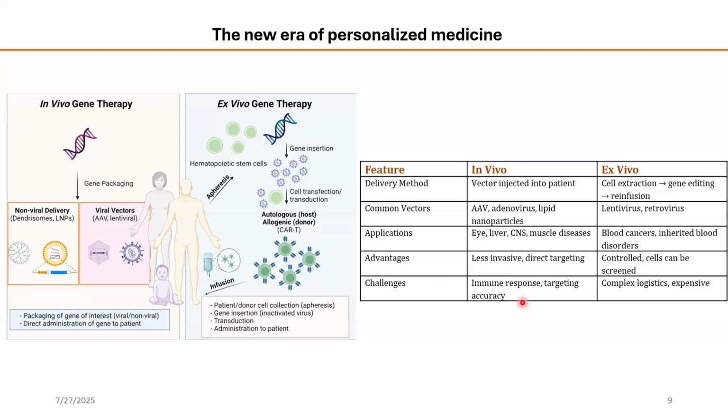It is the immune response, where you mostly have the cytokine response, and also targeting accuracy, whether you target it particularly to the cell of interest. And in ex vivo, it is complex logistics, which means you need a lot of equipment, and there are manufacturing challenges, and it is also expensive.